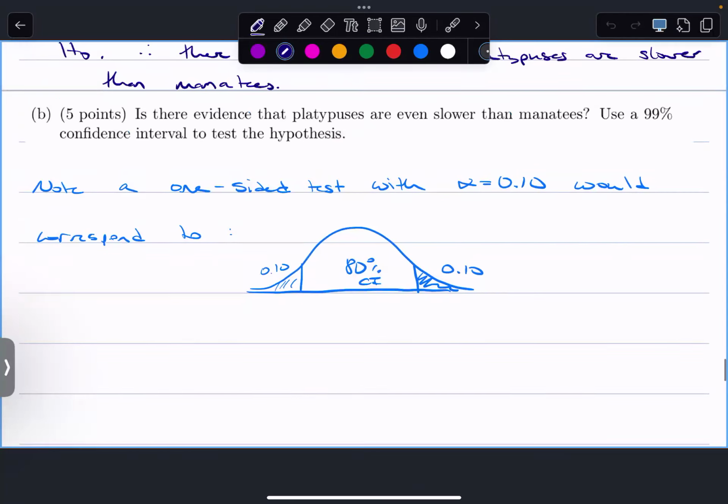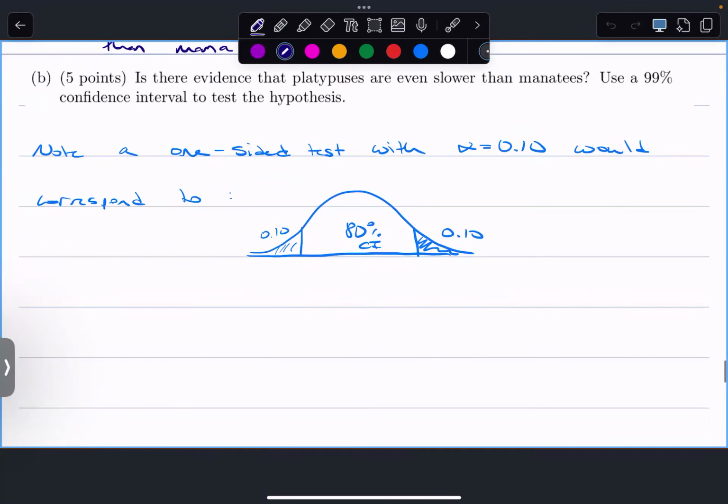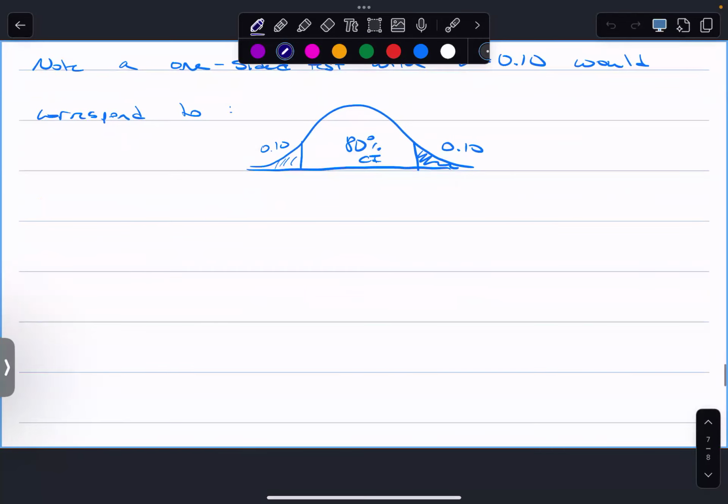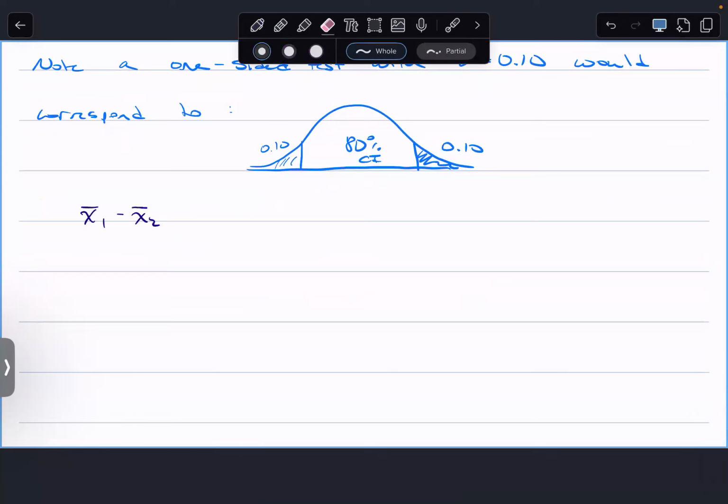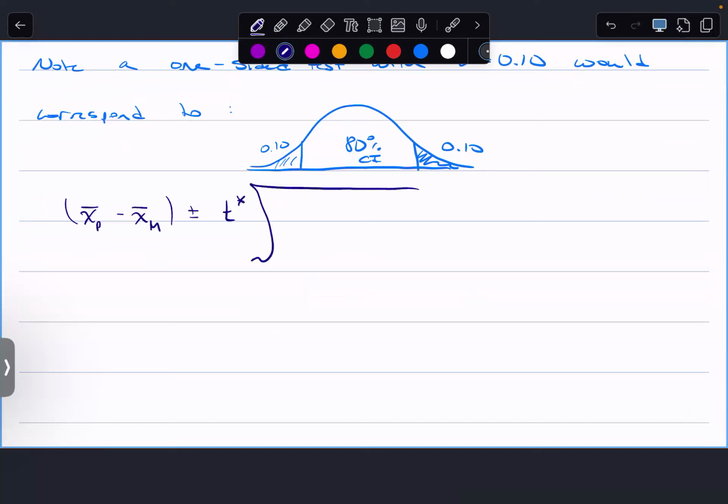Okay. The confidence interval is x1 bar minus x2 bar, and maybe I'll change these to p's and m's, plus minus t star times the square root of s1 squared over n1 plus s2 squared over n2.